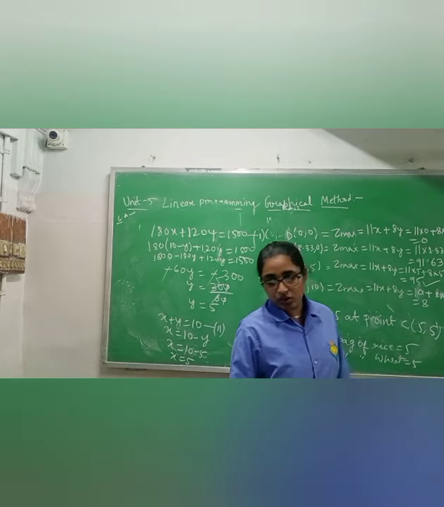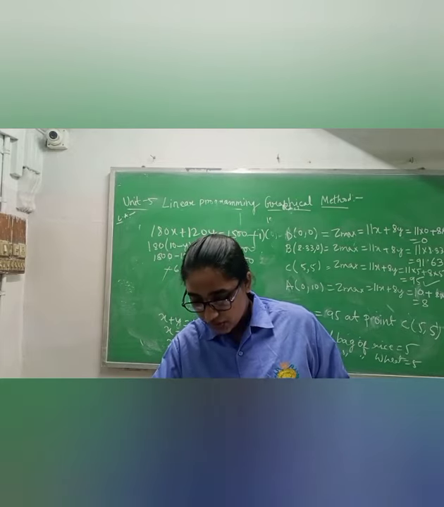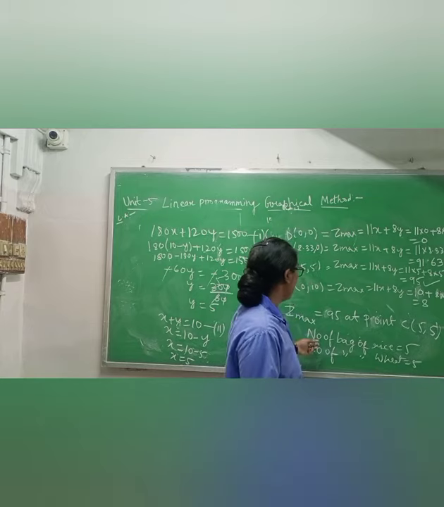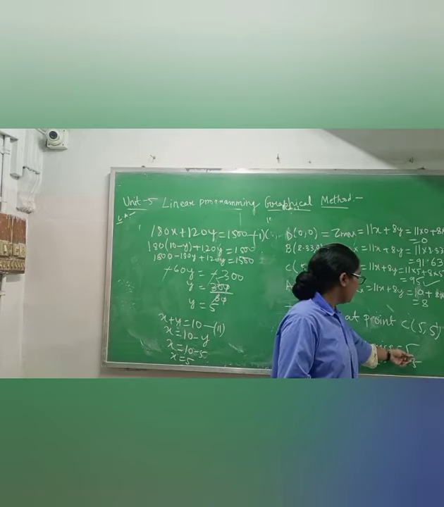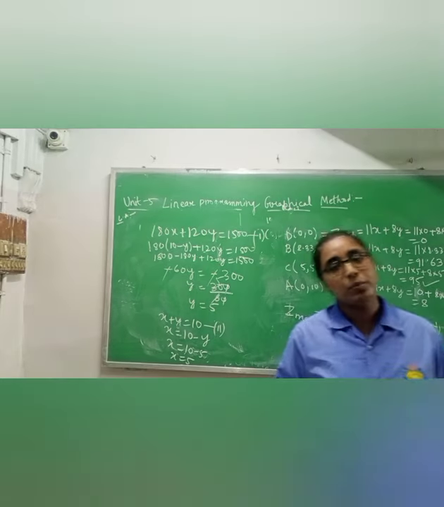Because in the question they are asking how many bags of each he must buy to make maximum profit. So what you will write is: he can buy 5 bags of rice and 5 bags of wheat to make maximum profit.